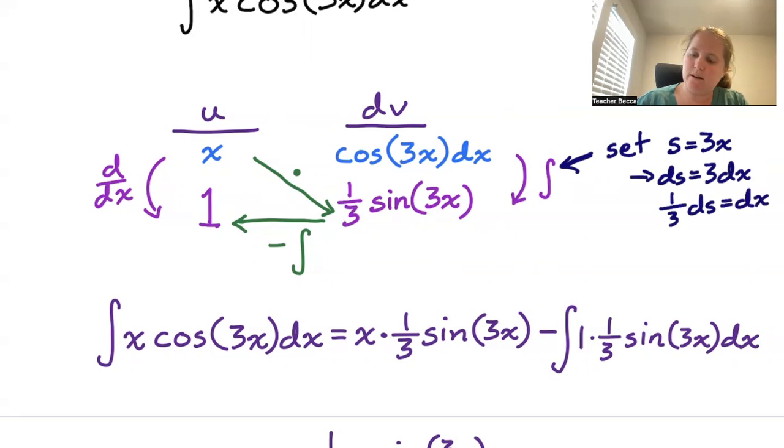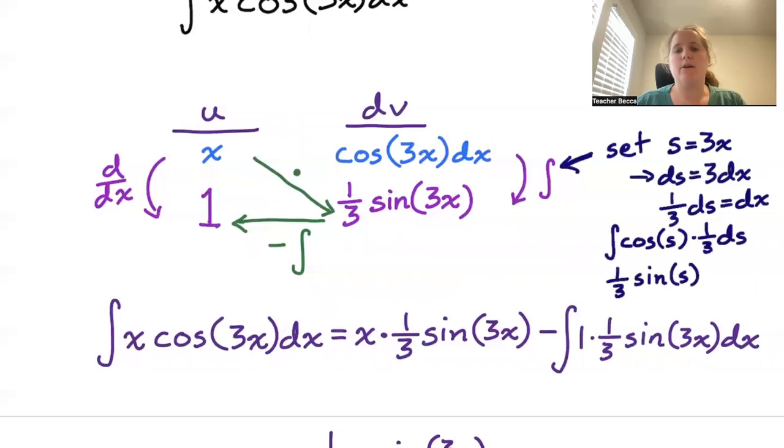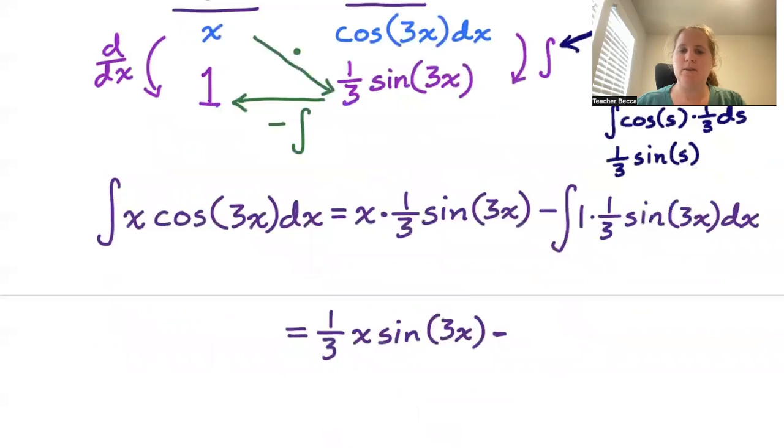So we would have been looking at the integral of cosine of s times 1/3 ds. That gives us 1/3 sine of s, and hence our 1/3 sine of 3x.